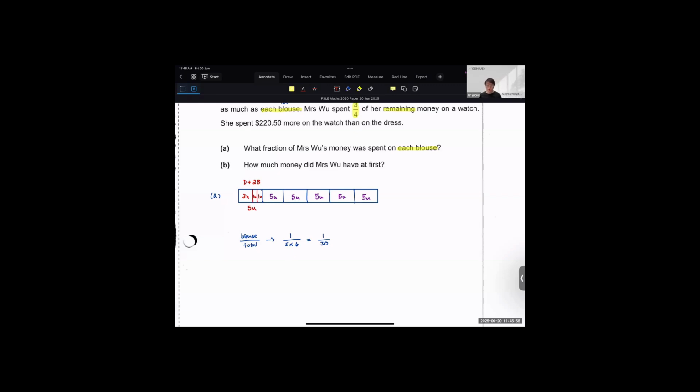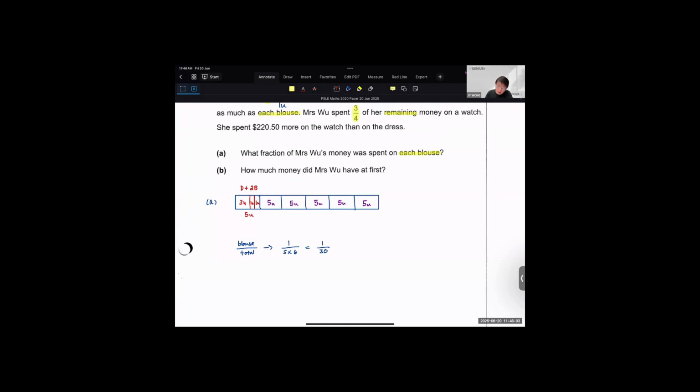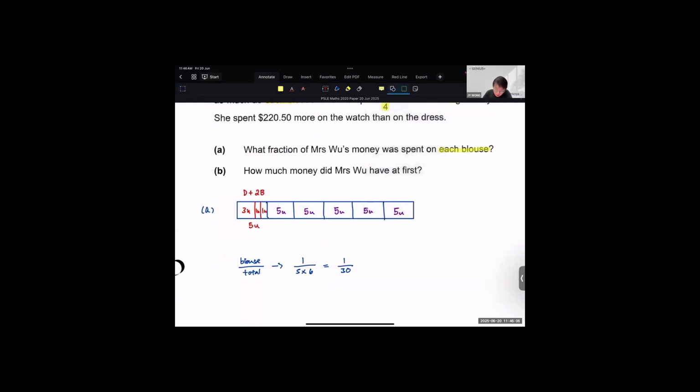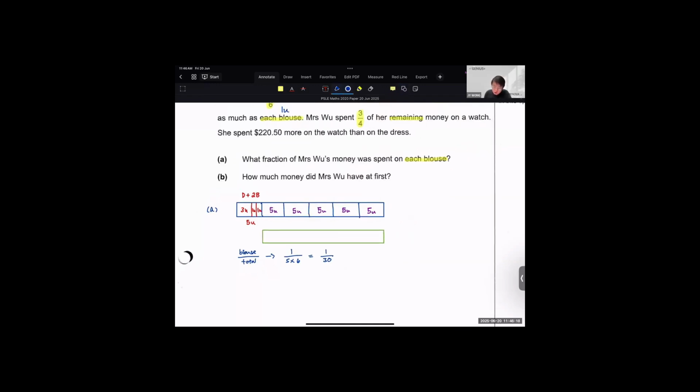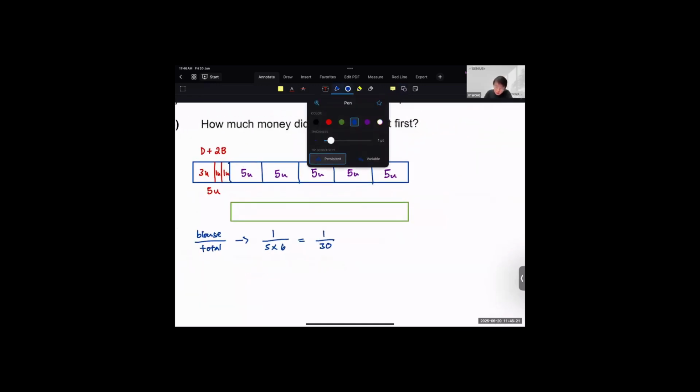Now, the next part of the question tells you that Mrs. Wu spent 3/4 of her remaining money, and this is where it gets a little bit complicated. I'm going to continue drawing the model from here. It's a remainder concept, right? So you draw your remainder drop-down model here. It is 3/4 of the remainder. So you split your remainder into quarters.